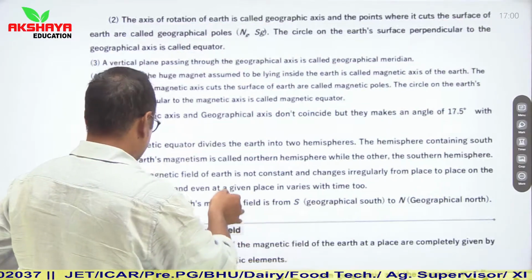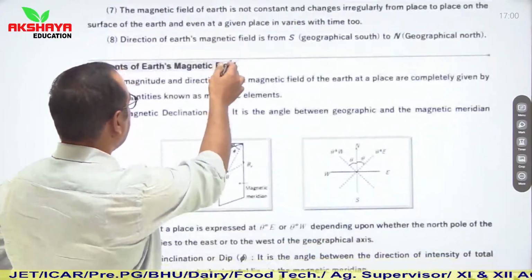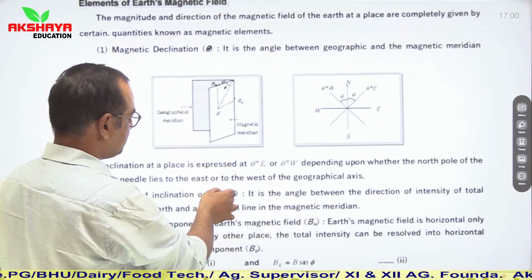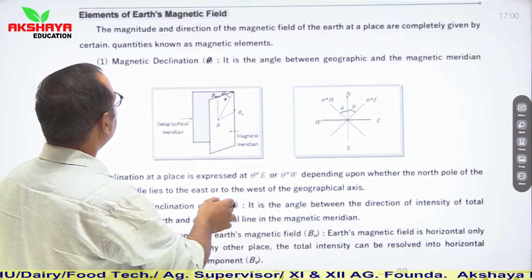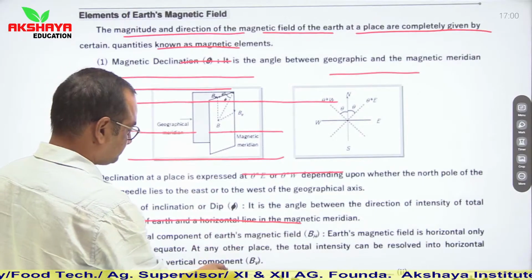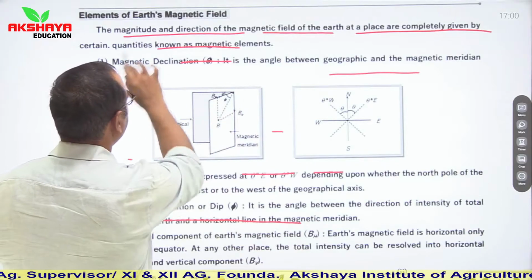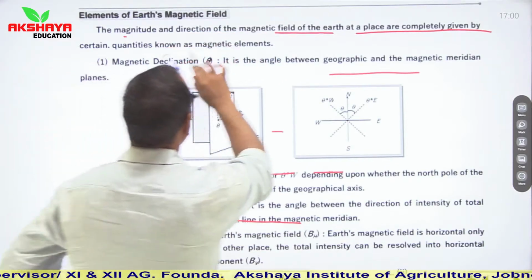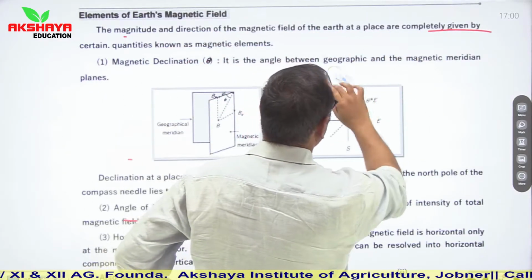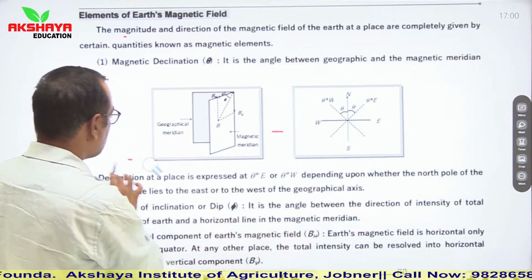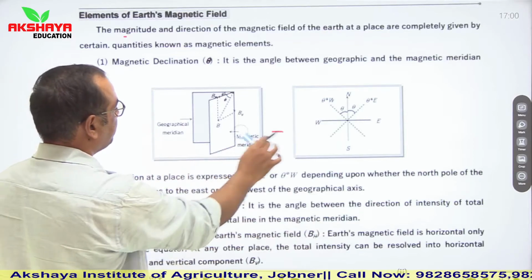Now see our next topic: elements of Earth's magnetic field. Generally there are three elements of Earth's magnetic field: declination, angle of dip, and horizontal component of Earth's magnetic field.